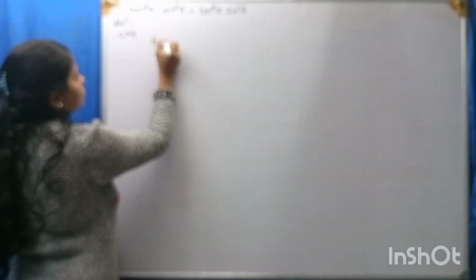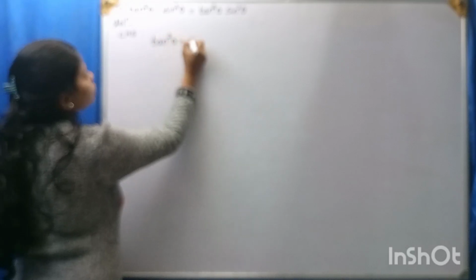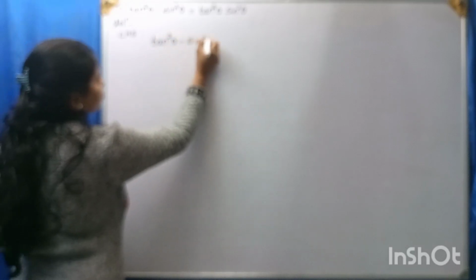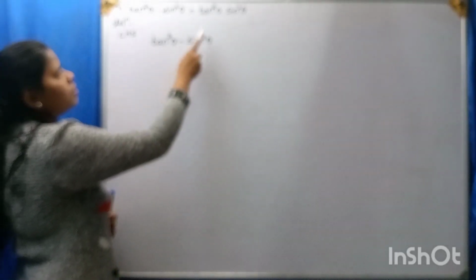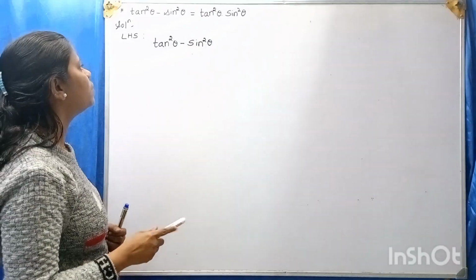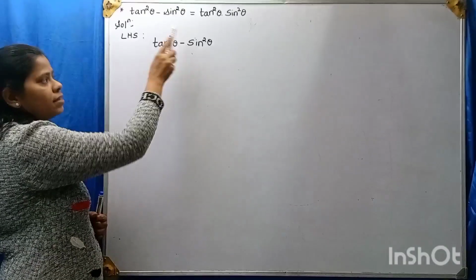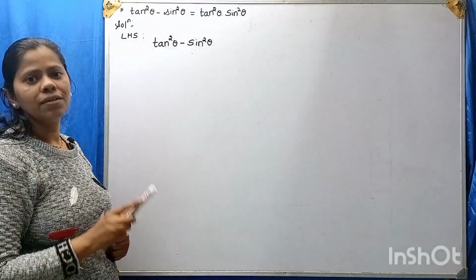What is the LHS? Tan square theta minus sin square theta. Okay, and we have to prove that this one is equal to this one. Now tan square theta, how can I write?